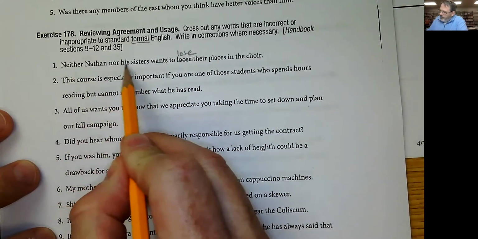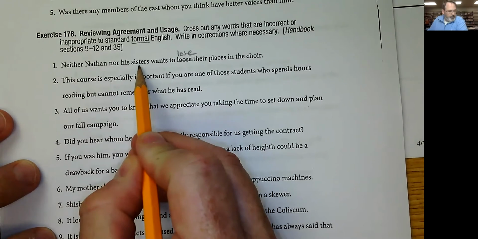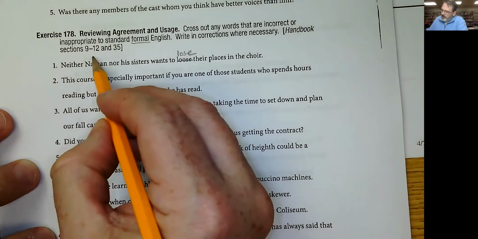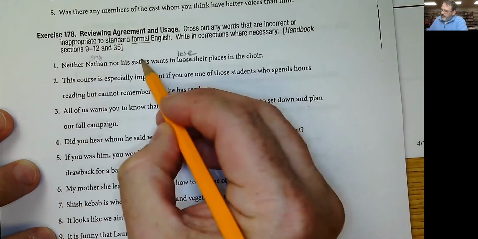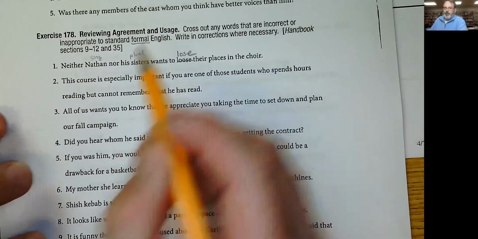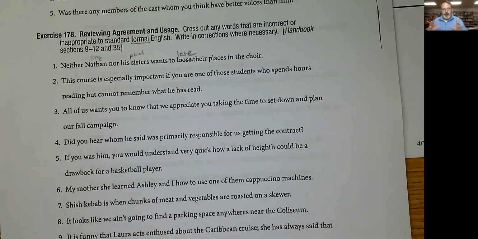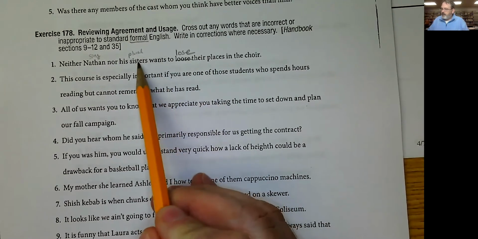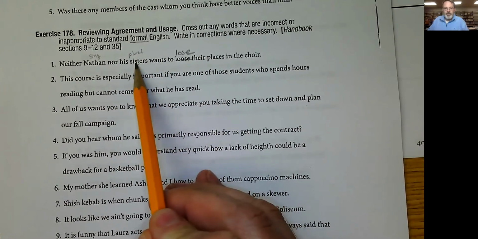Neither Nathan nor his sisters. This is singular. Nathan is singular. Sisters is plural. You remember the rule about singular and plural both together? The verb takes on the plurality or the number of the subject closest to it. Which one is closest to wants? Sisters is. Sisters is plural.